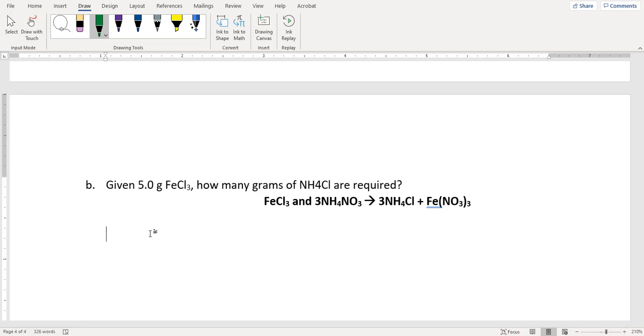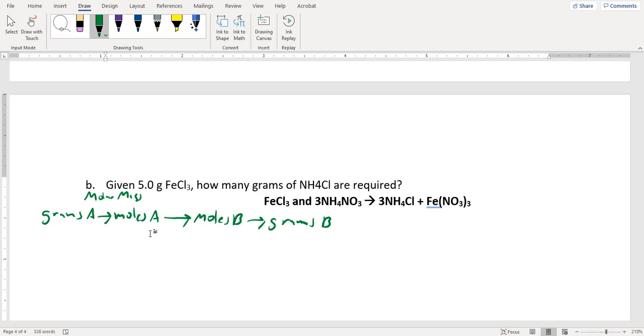Now you're going to have to go from grams of your substance A to moles of your substance A. You'll then use a mole ratio to go to the moles of the substance B, a different substance, to grams of your substance B. So to go from grams to moles, you're going to need to use the molar mass, and you'll have to calculate that from a periodic table.